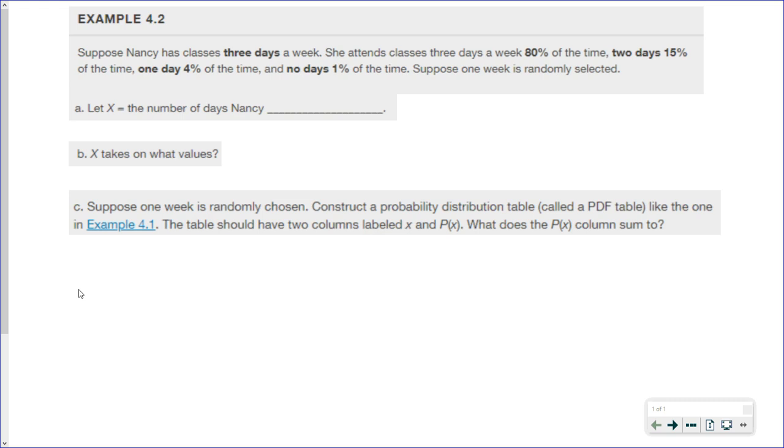Suppose 1 week is randomly selected. The first question here asks us to describe what X is going to be. So in this case, X is the number of days that Nancy attends class.